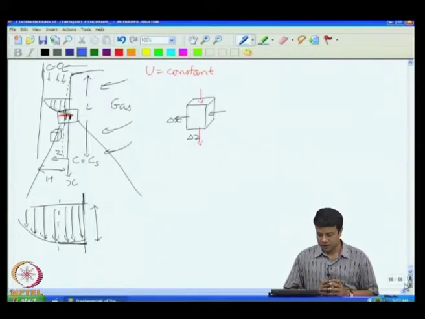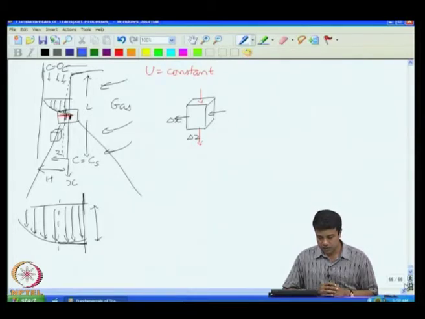This was the example that we took, a liquid gas contactor, where there is a thin film of liquid flowing down the wall of the contactor, and it comes into contact with gas which contains a soluble species, and we would like to remove the soluble species from the gas into the liquid by dissolution at the interface and transport into the liquid film. So, that was the problem.